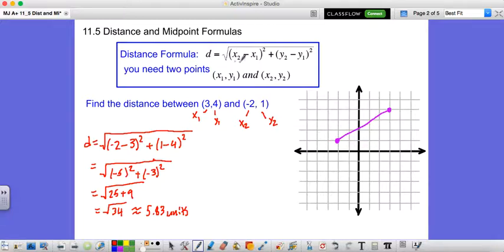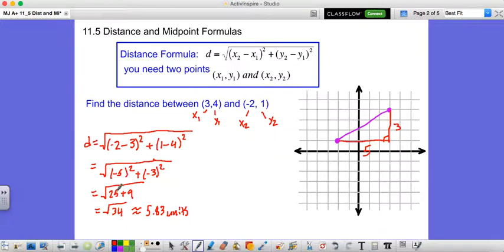So now that you've seen the formula, let's look at where this actually comes from. We have a point here and a point here. But what happens if we make this into the hypotenuse of a right triangle? So you see this length is 3, this length is 5. 3 squared plus 5 squared should be equal to our hypotenuse squared.